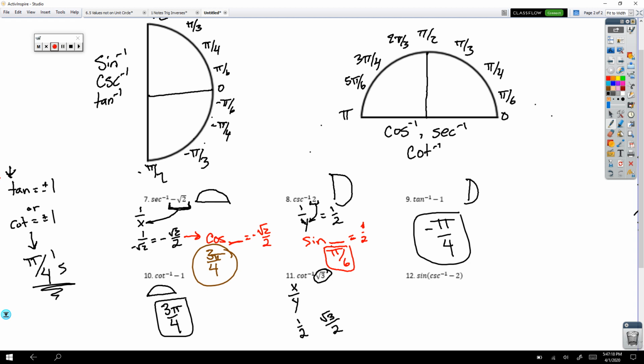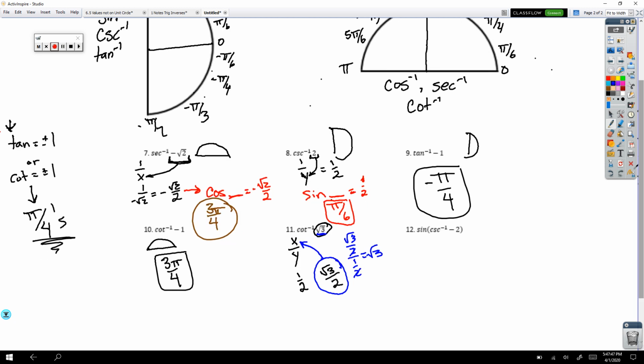Now if I think about my fraction, if I have 1/2 and the square root of 3 over 2, when I divide those two things, the 2's will cancel out and I'm left with the square root of 3. In order for that to happen, that means this guy has to be on top. So that way I get root 3 over 2 over 1/2. Those would cancel, and I'm left with the square root of 3.